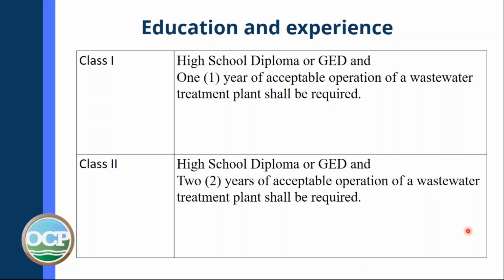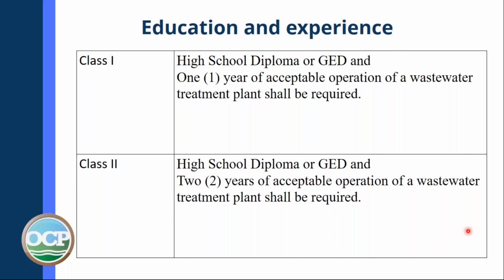There is a requirement for education and experience to obtain a certification at each level. Class 1 is a high school diploma or GED and 1 year of acceptable operation of a wastewater treatment plant.